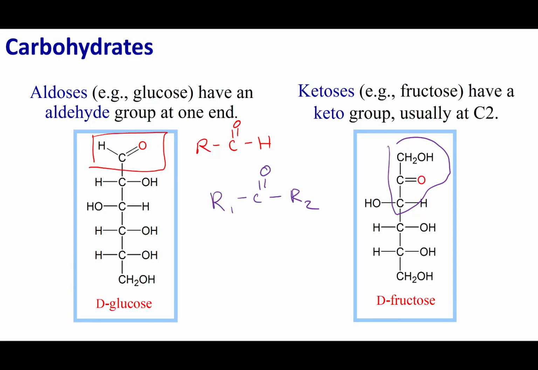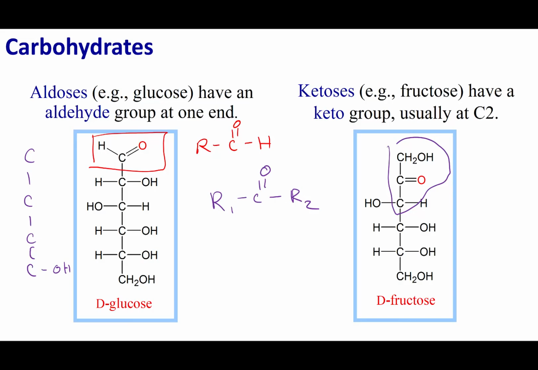Now, oftentimes you are going to see the carbohydrates presented to you in this fashion. That means I'm just going to string my carbon chain all down the line, and I'm going to put the OHs on either side of this string of carbons. Now, in organic chemistry, they'll teach you what it means to be on the left and right side.